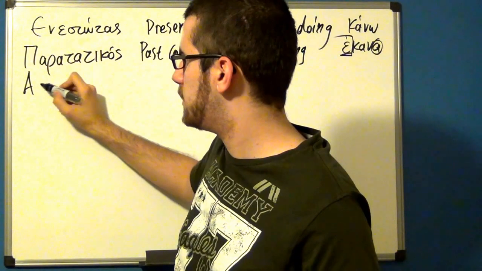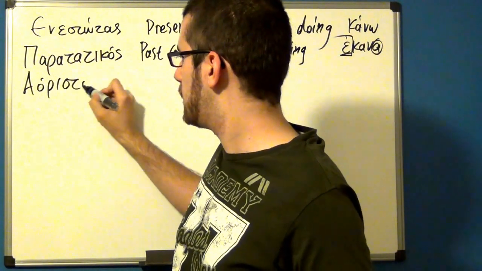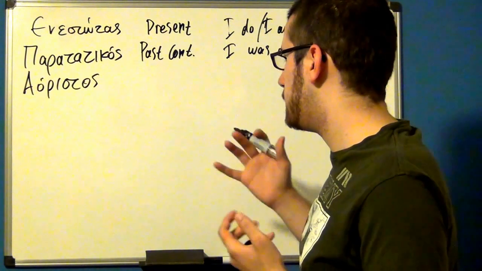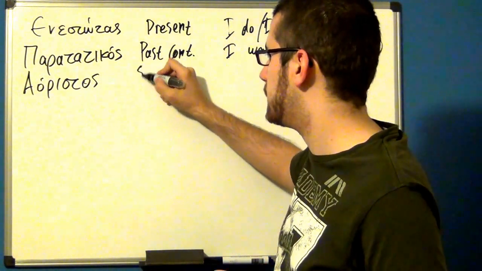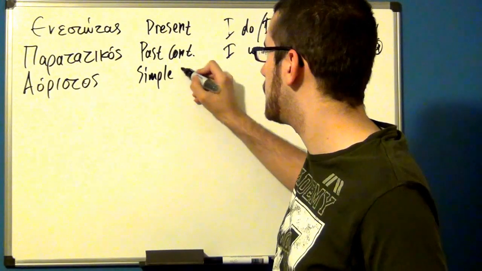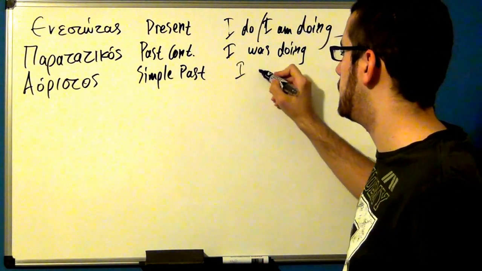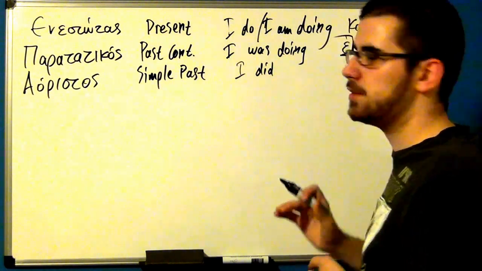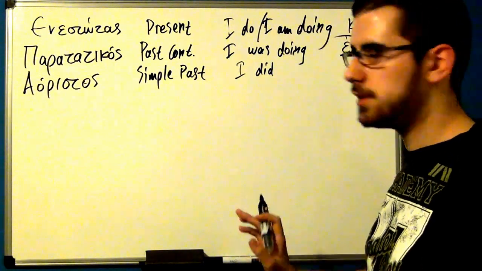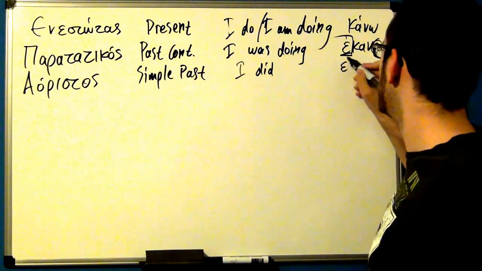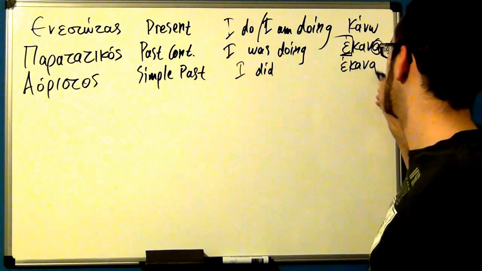Next one is aoristos, which literally means undefined. It's actually exactly simple past. It's the exact translation. I did. Specifically for this verb, it's just a coincidence, but it complicates things a bit.